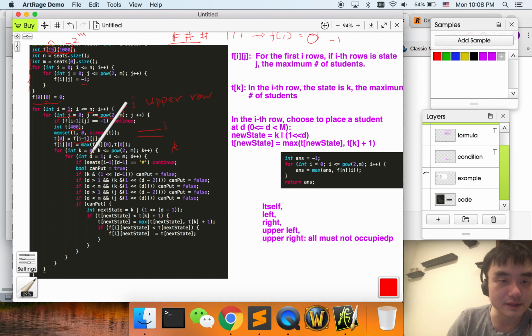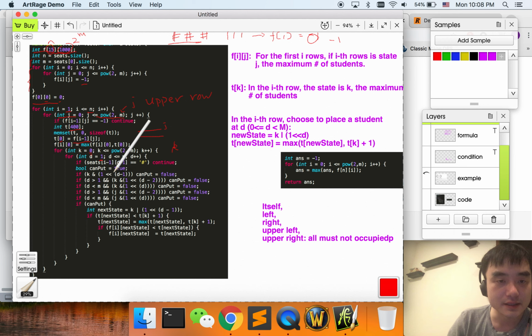The first iteration is that we start from the initial state and iterate all of our options here. We can put a student at the first place, at the second place, all the way to the m-th place. So we are going to iterate all of our options to add one more student.